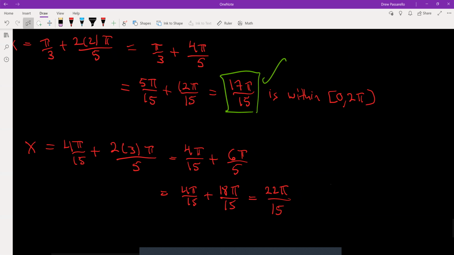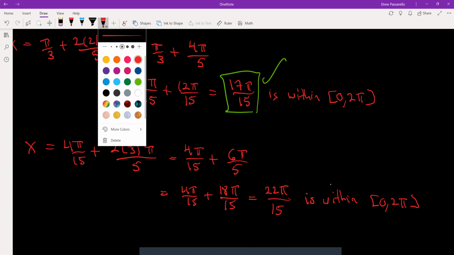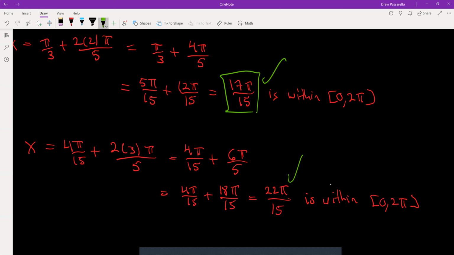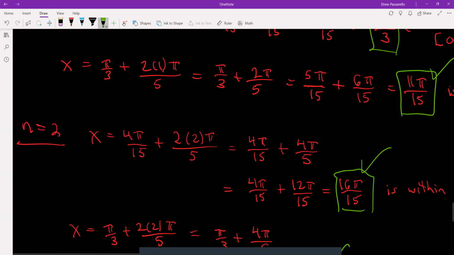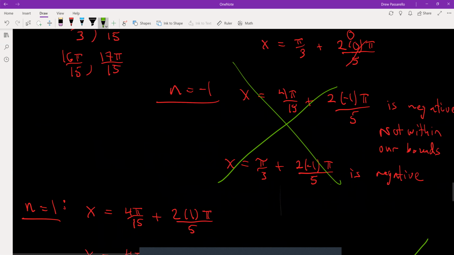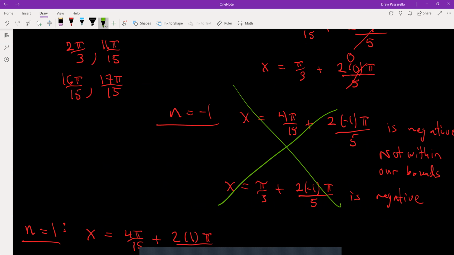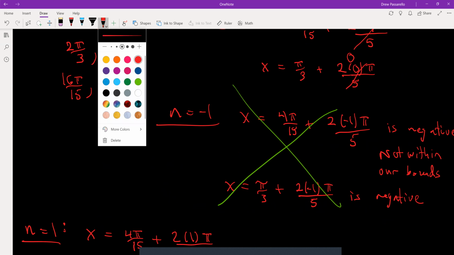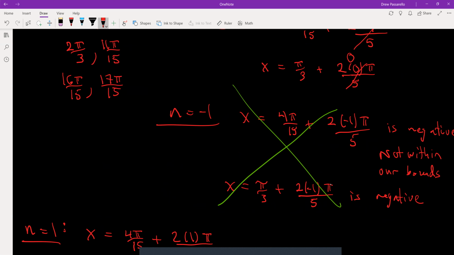And yeah, that's within 0 and 2 pi. Okay, so here's a lot of solutions for this one.